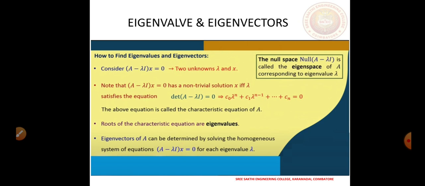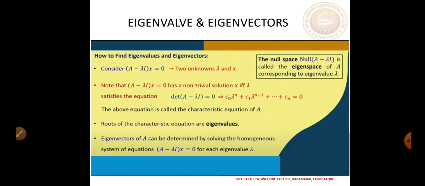So what other information do we have? We are looking for a non-trivial solution x. As studied in the previous lectures, the determinant of A minus lambda I: if this determinant is 0, then we will have a non-trivial solution.